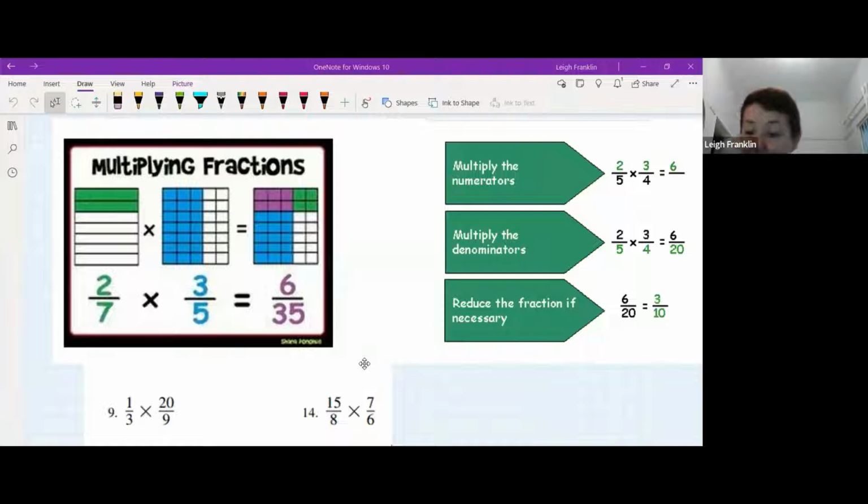It has to be the same. In this case, to go from 6/20 to 3/10, we've divided both the top and the bottom by 2. And then 3/10 is in simplest form. That means there are no more common factors left over, so it's not possible to divide the top or the bottom by anything else.